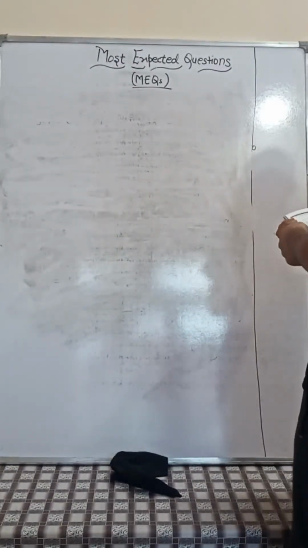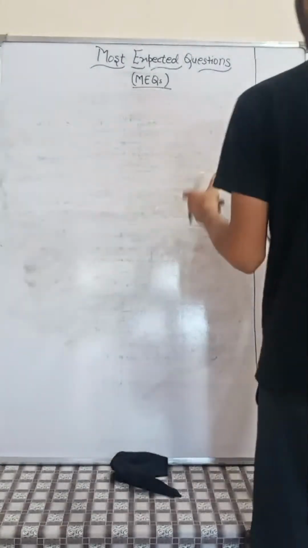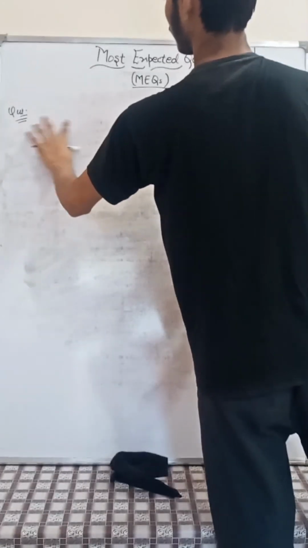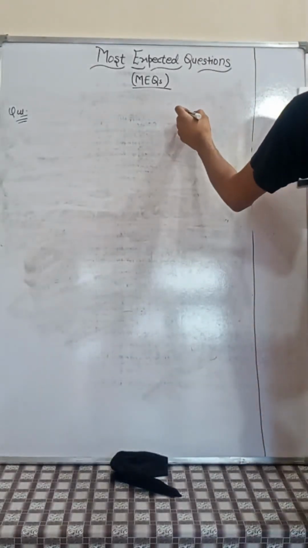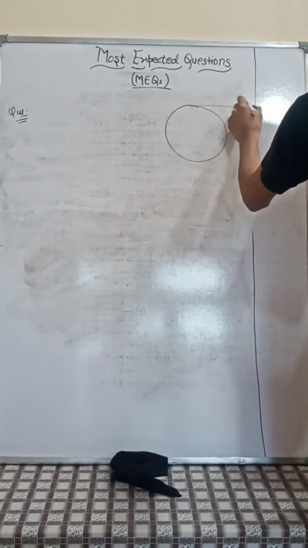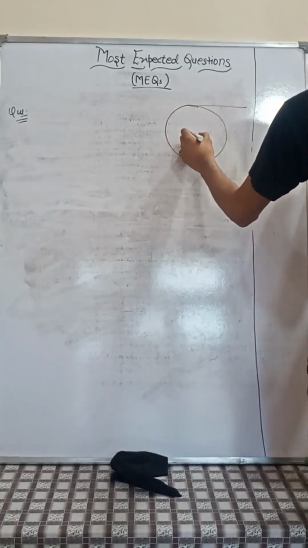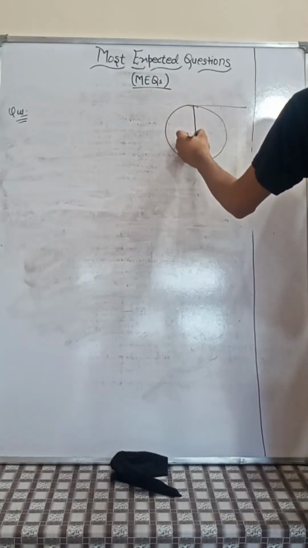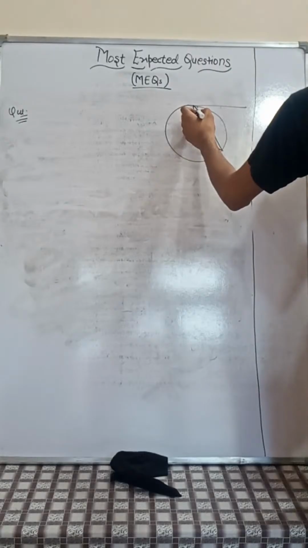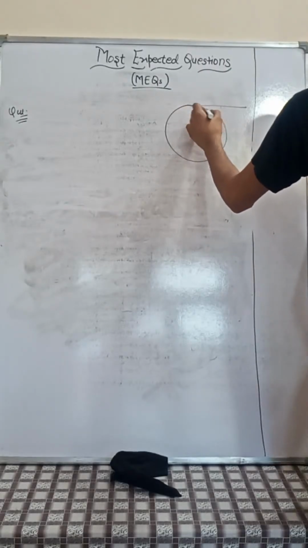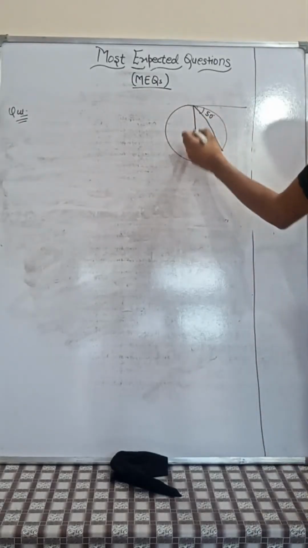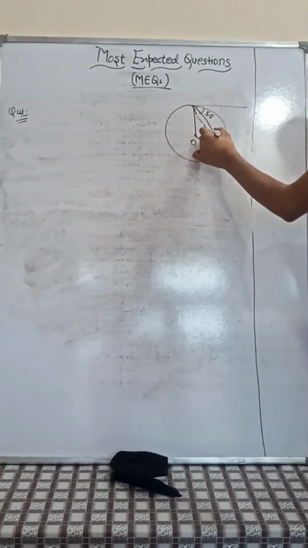Next question is, this is the center. This is angle 50. This is O. This is joined here.